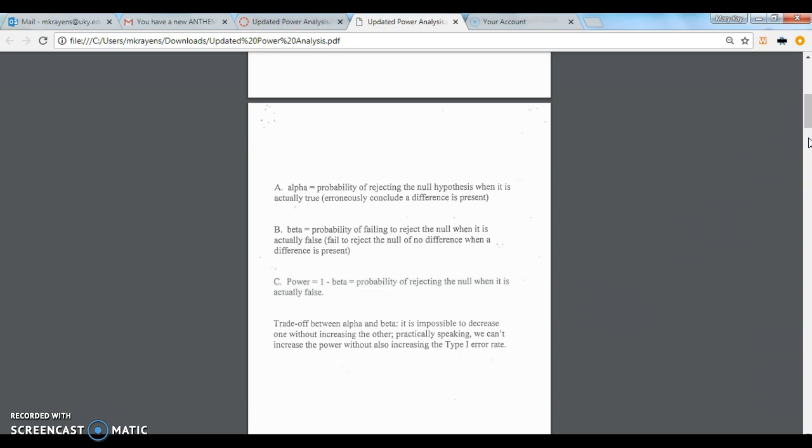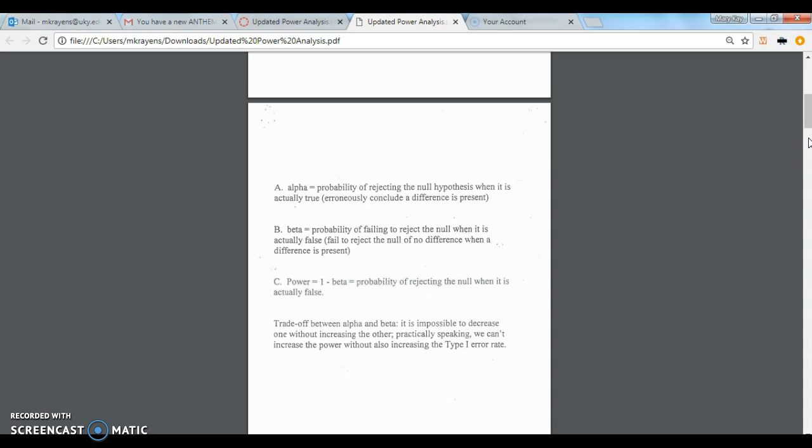That's a pretty boring hypothesis to test, but let's just say that we have a population, say perhaps of all the students who attend UK. We have a population, and from that we're going to choose a sample to decide whether there's evidence to suggest that the heights of men and women are different.